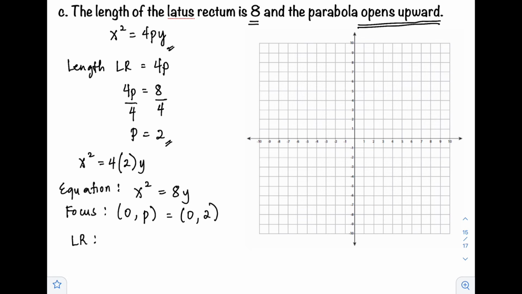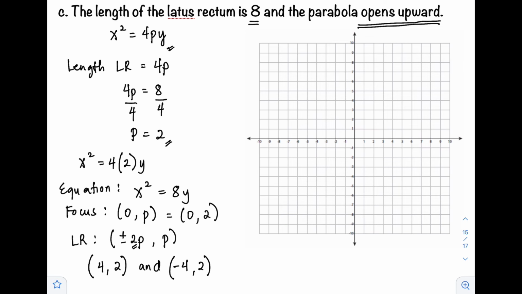So, ang formula ng latus rectum natin is positive, negative 2p, then p. So, we have positive 2 times p, which is 2, that is 4, p, so we have 2. And negative 2 times 2, we have negative 4. Then, yung p natin, which is positive 2.